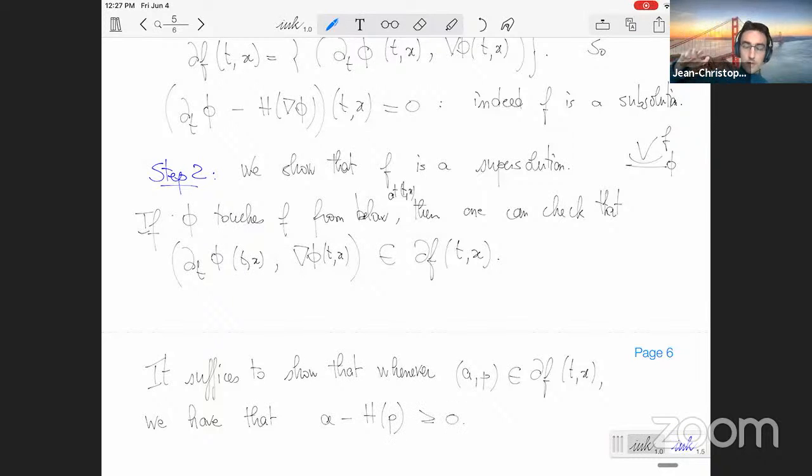Because a priori, what I need to check is that at any contact point, partial t phi minus H of grad phi is non-negative, but any of these (partial t phi, grad phi) is in the subdifferential of f. So if I can show that any of these slopes in the subdifferential satisfies this property, I am done. Okay, so this is what I'm going to focus on.